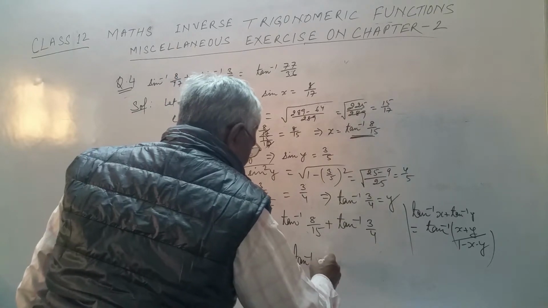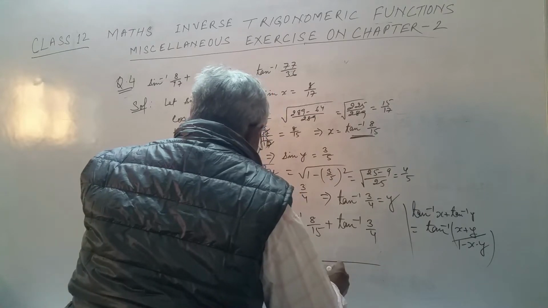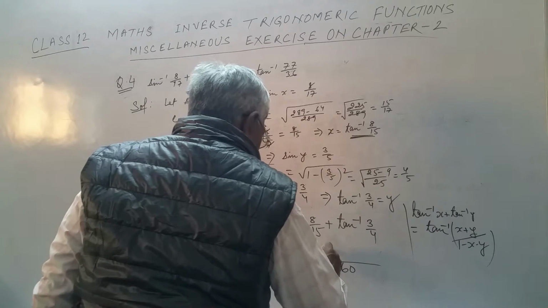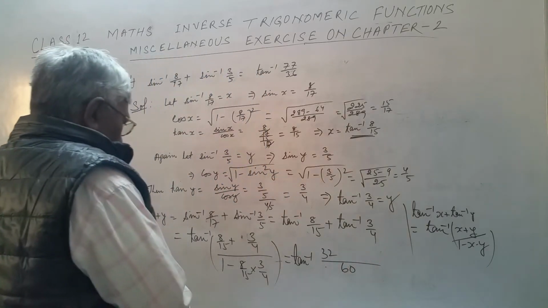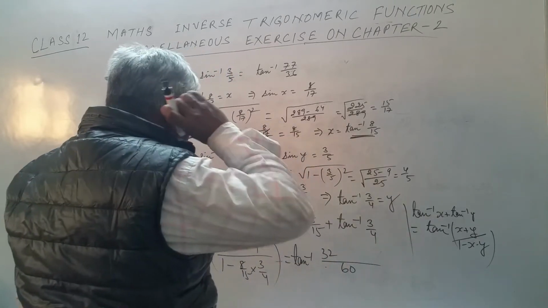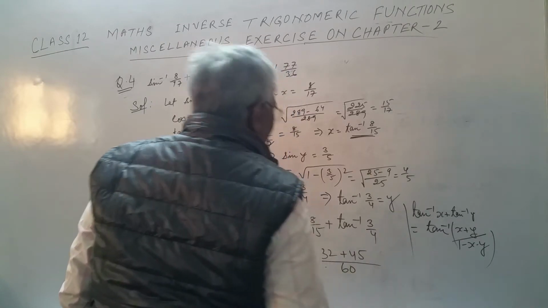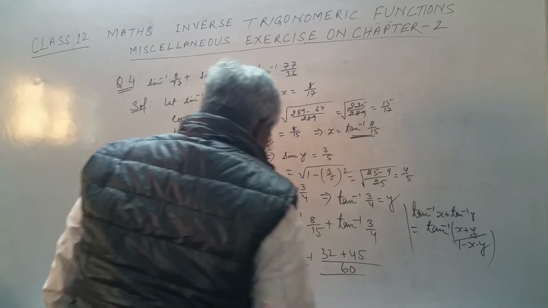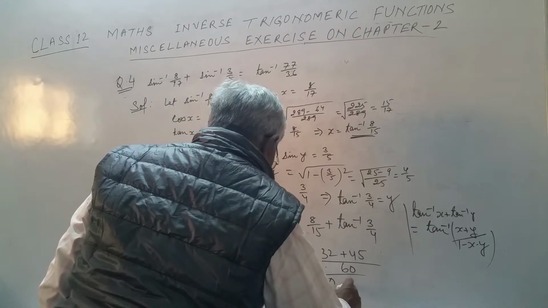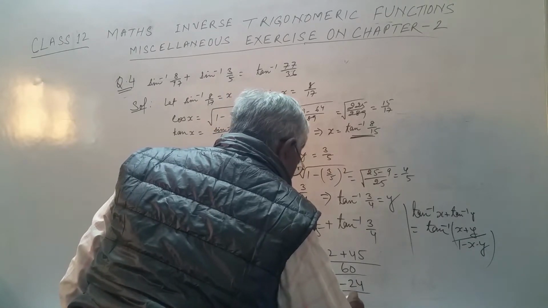Tan inverse, here it will give 15 for the 60, and here it will be 32 plus 45 upon, it will give 60 minus 24 upon 60.